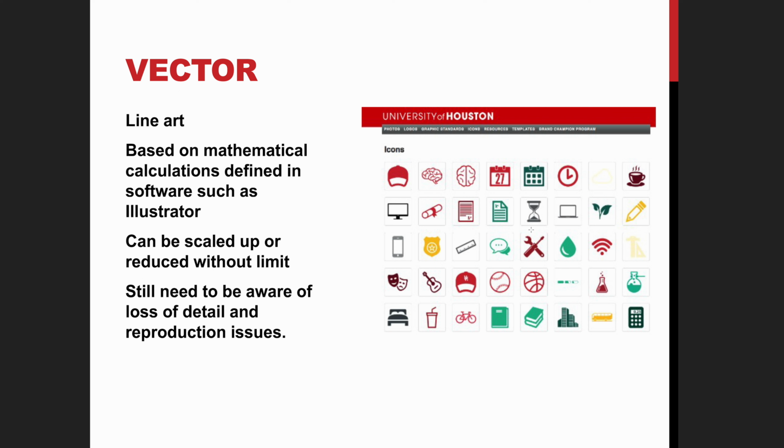So you still need to be aware that depending on how it's exported out, you can have issues. But a vector artwork is great because you can scale it, you can make it bigger, make it smaller, and you're not going to lose the quality of it. Whereas with a raster image, you would lose that quality.